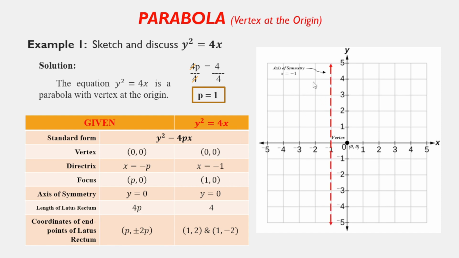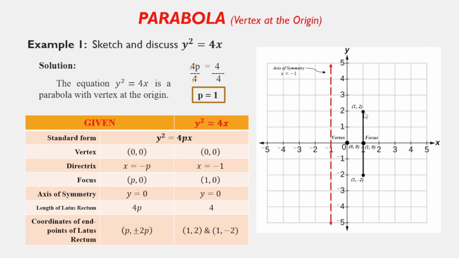Since the directrix is x equals -1, that is a vertical line that passes through -1 on the x-axis, and the focus is located at (1, 0). So we plot the focus, coordinate (1, 0), and then the endpoints of the latus rectum.